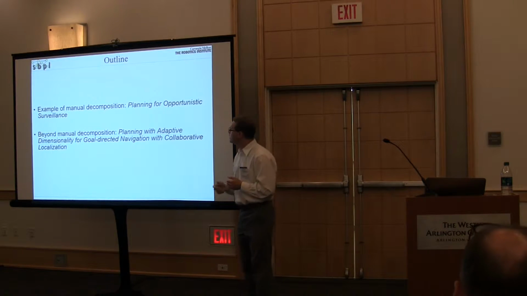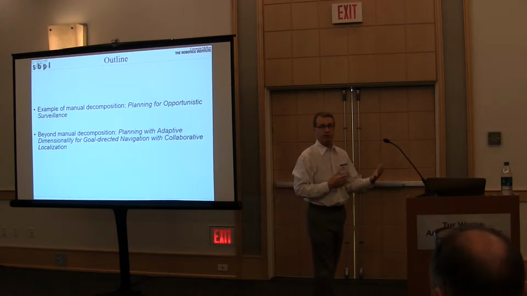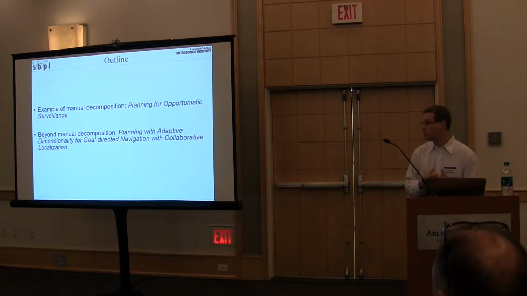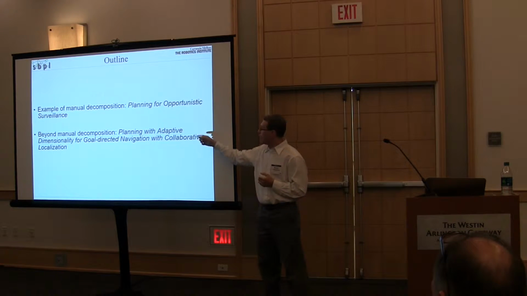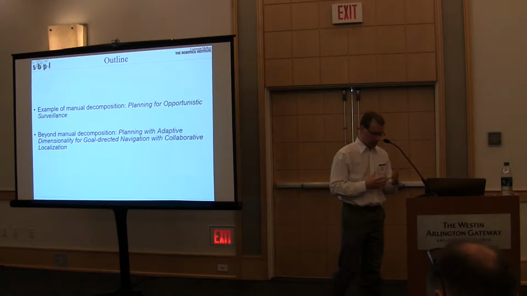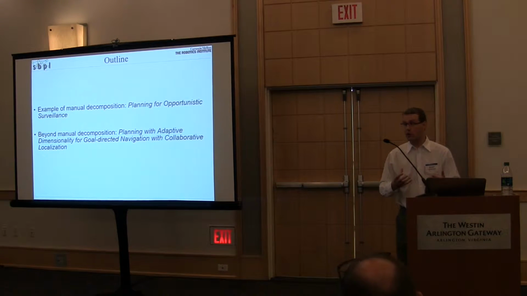Number one is planning for opportunistic surveillance, which will be an example of manual decomposition for that particular problem. And then, which I think is much more interesting, I'll talk about how we go beyond manual decomposition. That is, how can you think about algorithms that try to find this decomposition automatically.